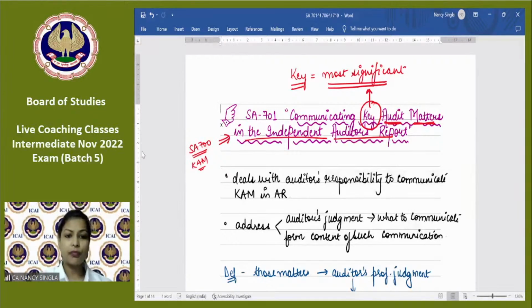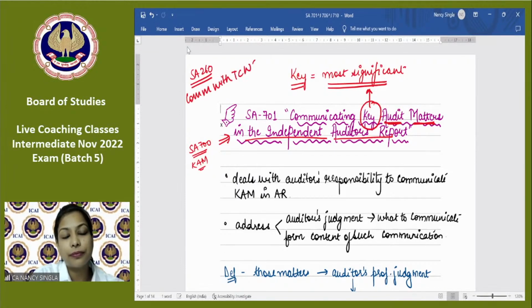Now students, during the course of audit, if you remember in the last two sessions, I have discussed a little about SA 260 with you, communicating with those charged with governance. So, out of the matters which the auditor has communicated to those charged with governance, the matters that the auditor feels are most significant, and he feels that I need to mention those matters in my audit report, such matters will become what?